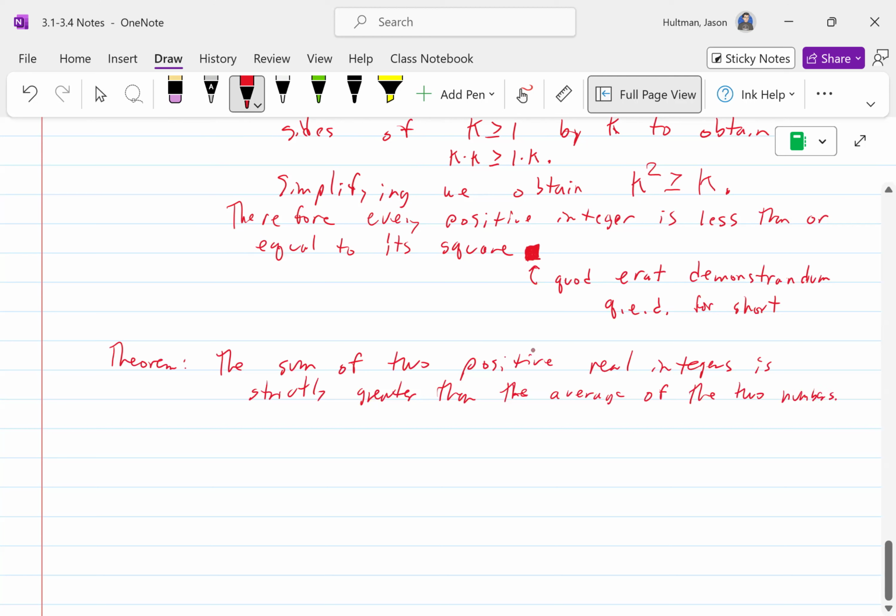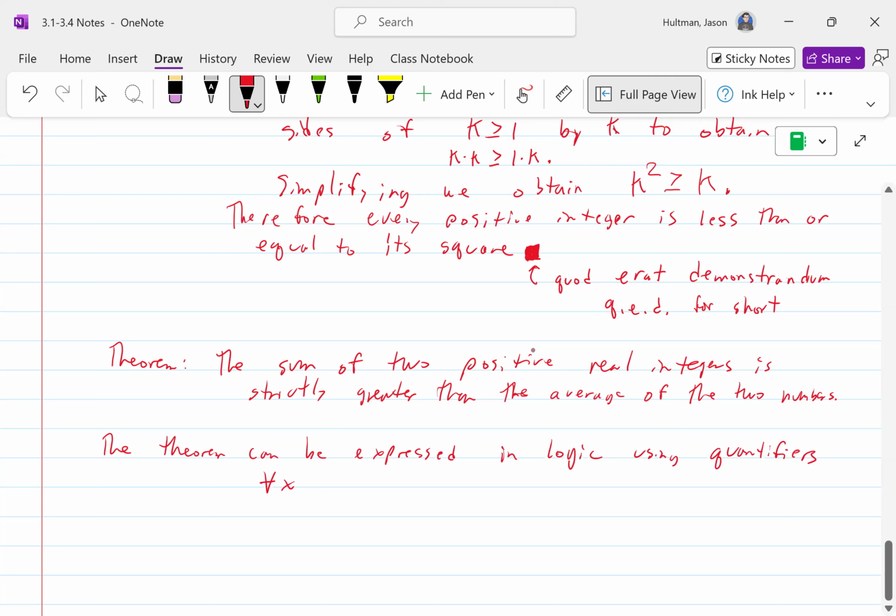The theorem can be expressed in logic using quantifiers. Okay, so we can express this in logic using quantifiers.